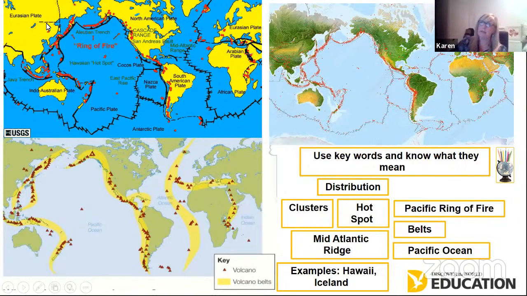The Eurasian plate is moving this way. So this plate is being dragged underneath the Eurasian plate, and this is why you've got a destructive plate boundary here. Whereas on this side of the Pacific plate, you've actually got a few volcanoes, but not quite so many, and that's because the plates here are moving side by side. So you've got a transform plate boundary here. I think that answers that question, but quite possibly my next slide is going to help with that particular question.